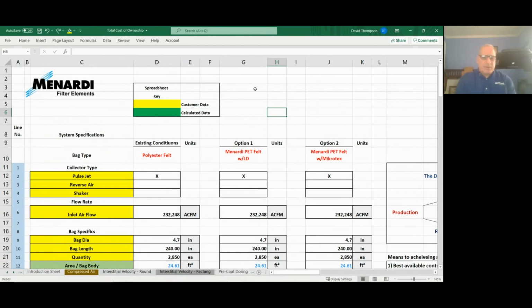Now, what customers will typically do is start out. They may change out a couple of compartments, with material in one compartment. We're running tests right now in the petrochemical industry.